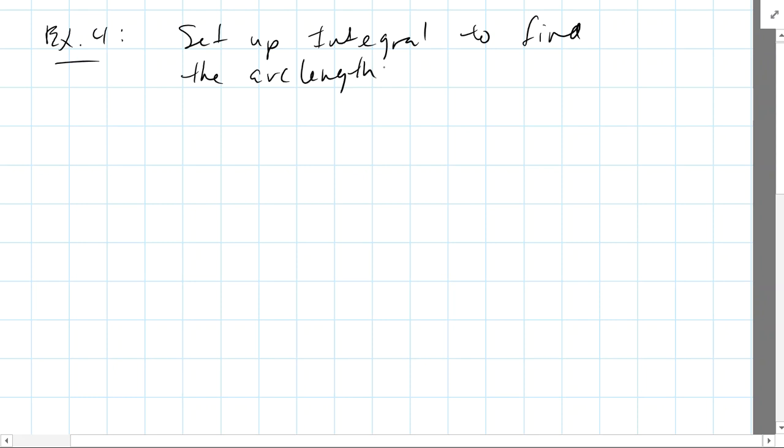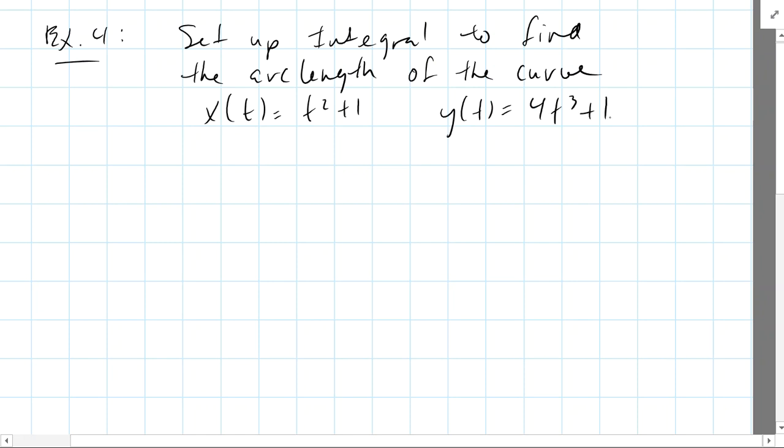So example 4 is just set up an integral to find the arc length of the curve x of t equals t squared plus 1, and y of t equals 4t cubed plus 1, from 0 to 1, whatever seconds or whatever units it is, days, minutes, nanoseconds, if it's a particle motion.